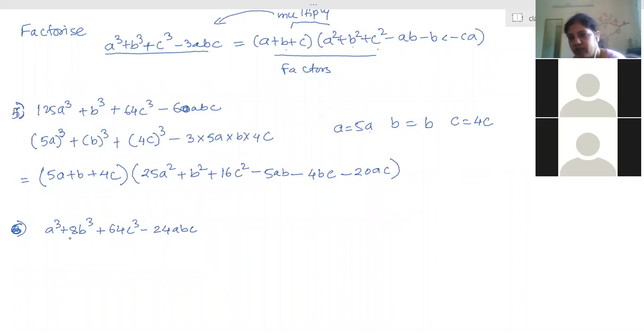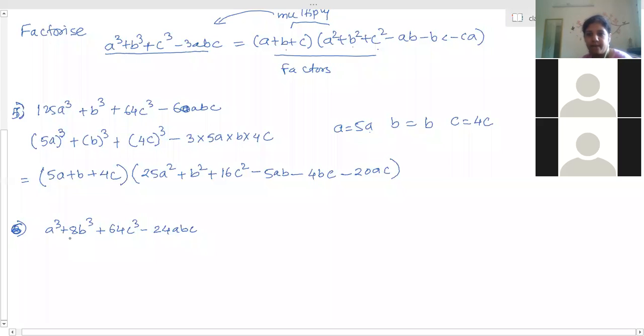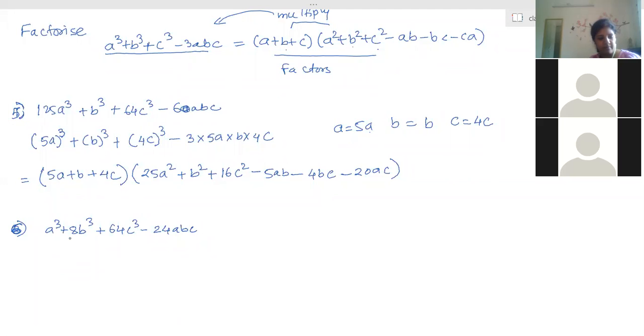But every time you use this identity, you have to mention the identity there. You cannot directly write the answer. Writing the identity carries 1 mark. If you have completed the fifth one, solve the sixth one.